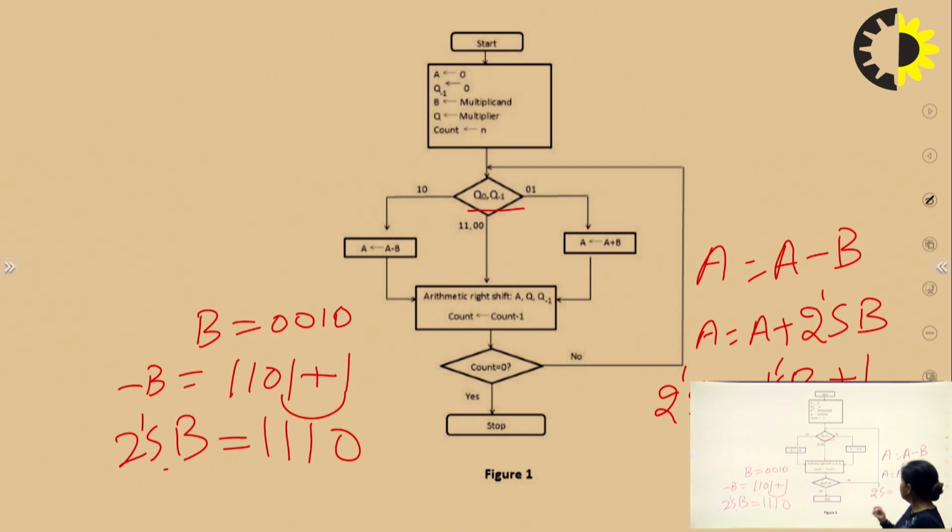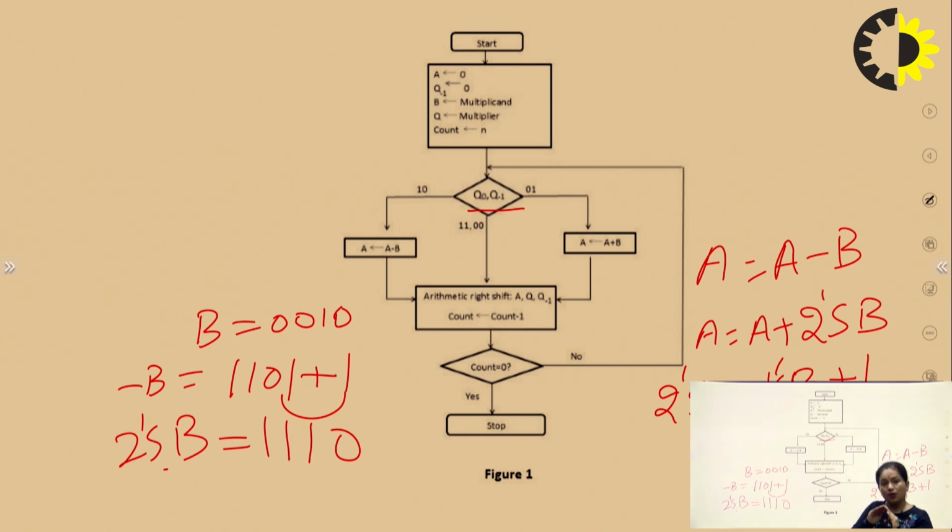After we perform these two operations, two combinations are left, that is 0, 0 and 1, 1. What will happen when the bits are completely the same? In that condition, we perform an arithmetic shift, and that arithmetic shift takes place on the accumulator, Q register and q minus 1.